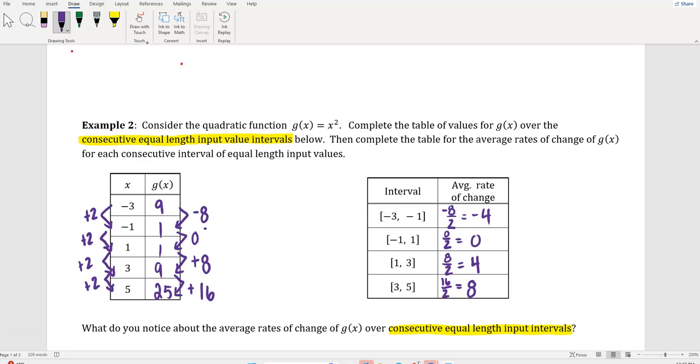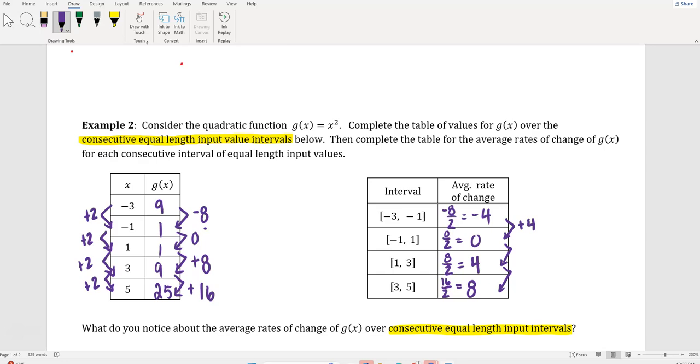So if I'm looking at the average rate of change, definitely not a constant average rate of change, but what if I think about the rate of change of the rate of change, right? Like if I think about how the rate of change is changing here. From -4 to 0, that value goes up 4.